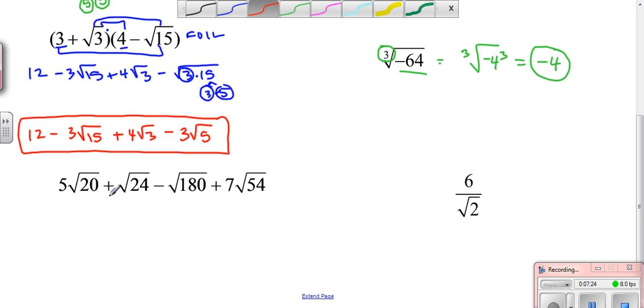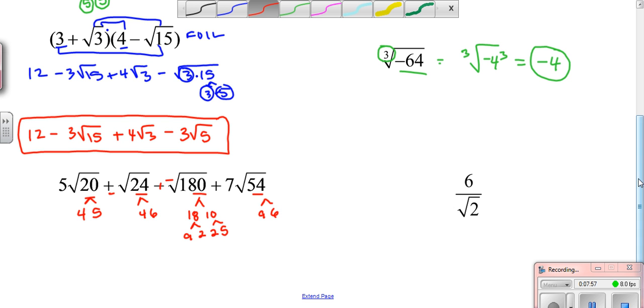Now here I have a straight up addition, subtraction, mixed problem, but all of these radicals need to be reduced before I can do anything. So I know 20 is 4 times 5, I know 24 is 4 times 6, 18 times 10, which is a factor of 9 and 2, and 2 and 5, so there are my perfect squares, and 54 is a factor of 9 times 6.